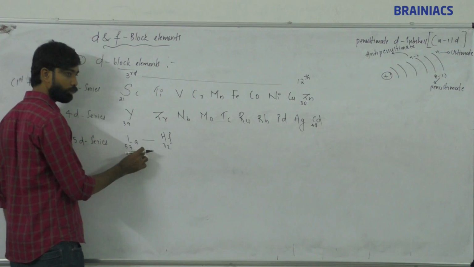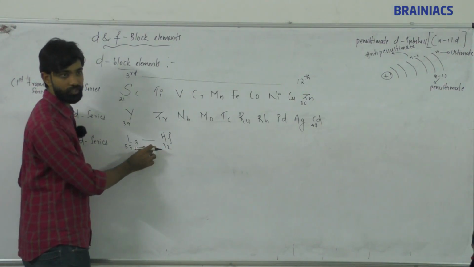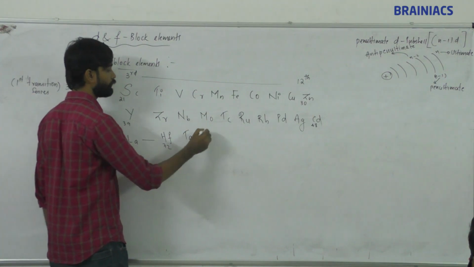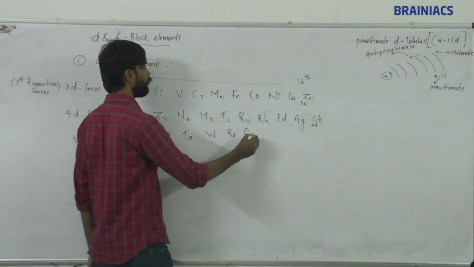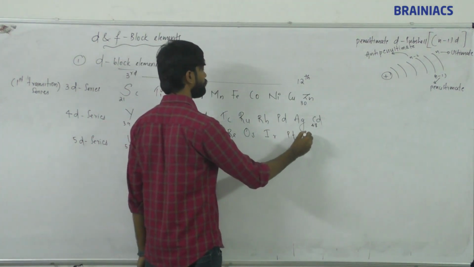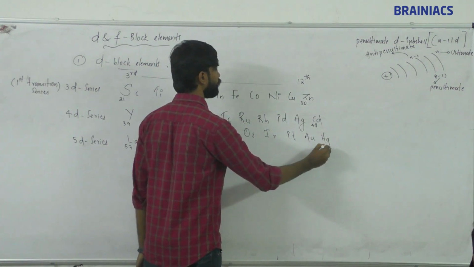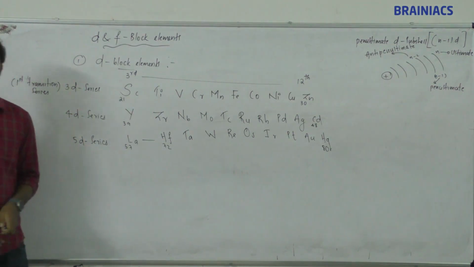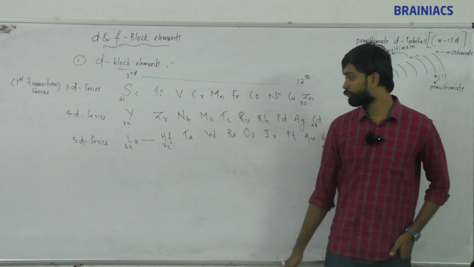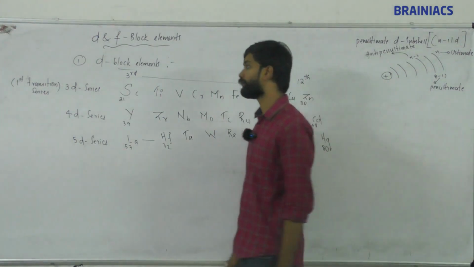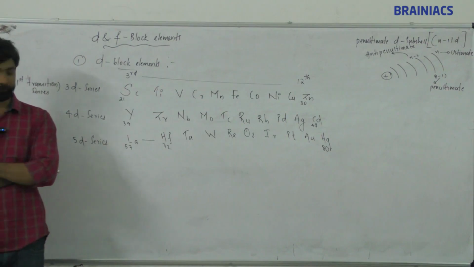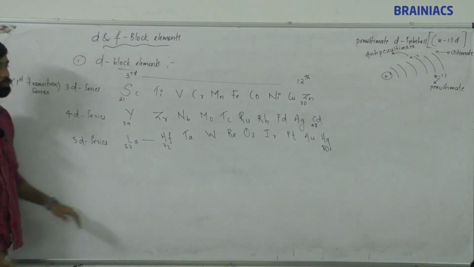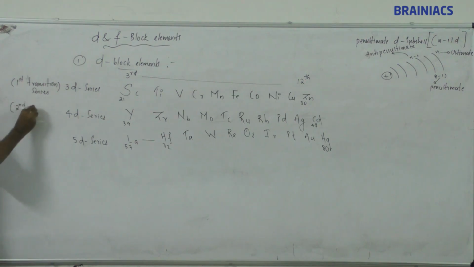Then tantalum, tungsten, rhenium, osmium, iridium, platinum, gold, mercury, where mercury is 80.